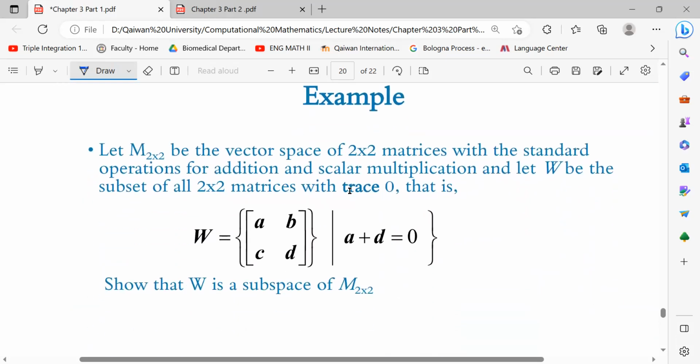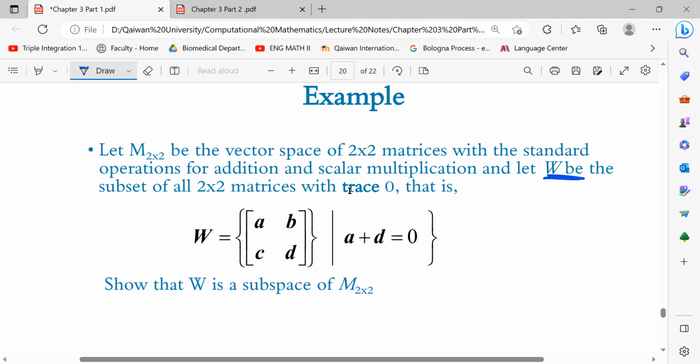Here we have another example. It says let M 2 by 2 be the vector space which is the set of all 2 by 2 matrices, with the standard operations of addition and scalar multiplication, and let W be the subset of all 2 by 2 matrices whose trace is 0.